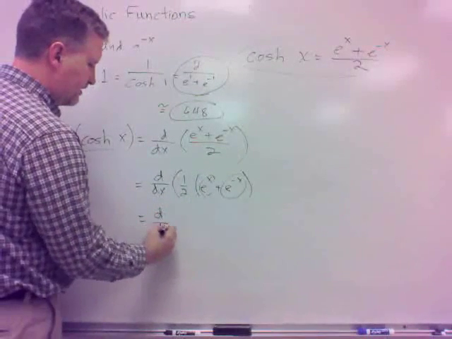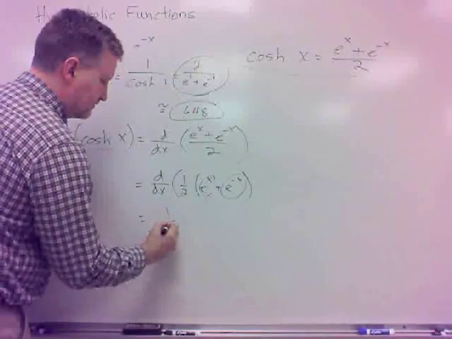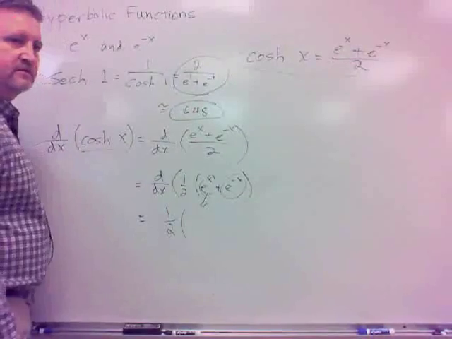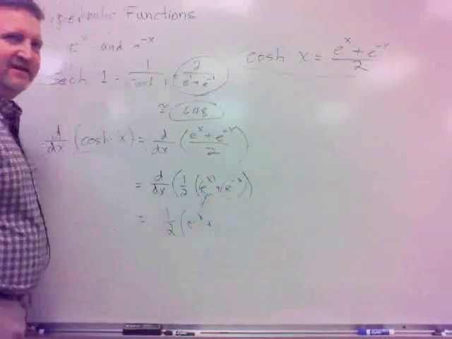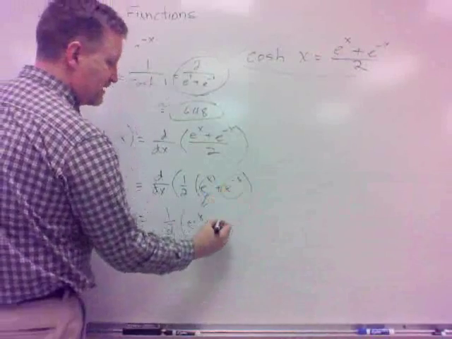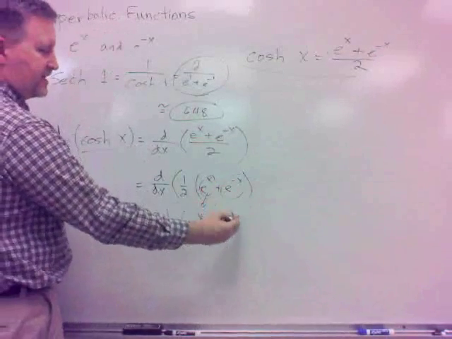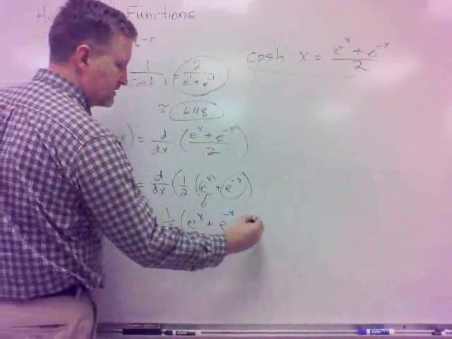So it's 1/2. What's the derivative of e to the x? E to the x. What's the derivative of e to the minus x? Well, the derivative of e to the minus x would be e to the minus x, but since I've got minus x instead of just x, don't I have to multiply that by the derivative of minus x? The derivative of minus x is minus 1.